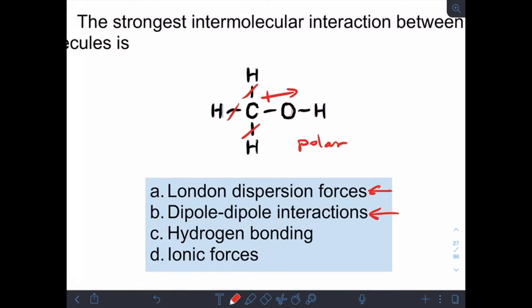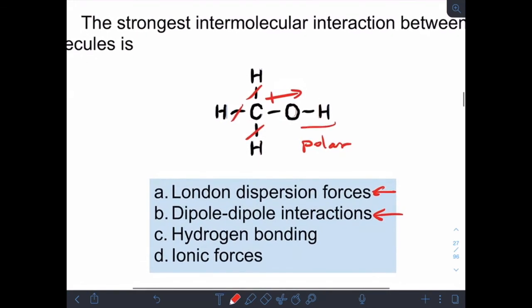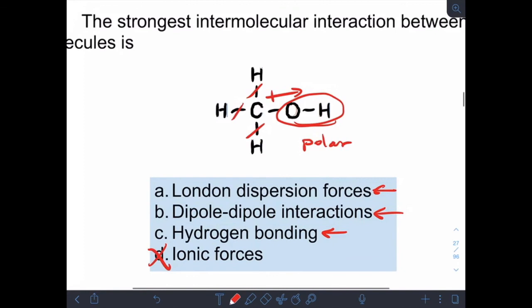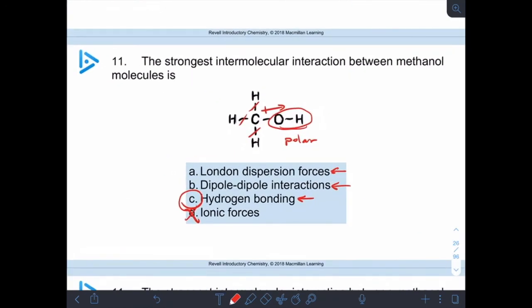Do we have a hydrogen bonded directly to an oxygen, nitrogen, or fluorine? The answer is yes. So hydrogen bonding is possible. Do we have any ions? No. Ionic forces are out. So dispersion is the weakest, then dipole-dipole is the next strongest. Hydrogen bonding is the strongest of the 3.